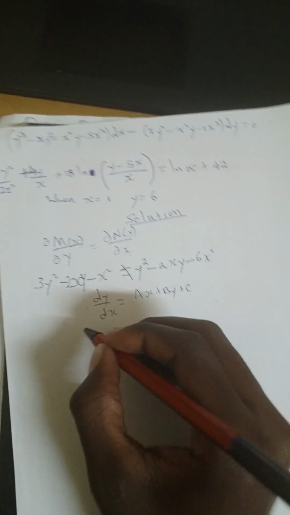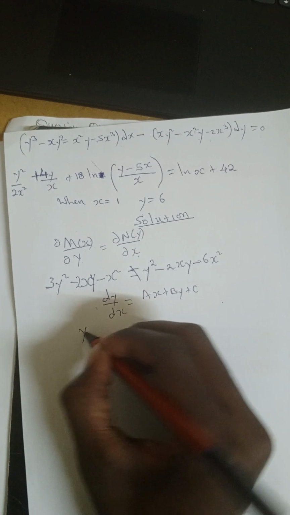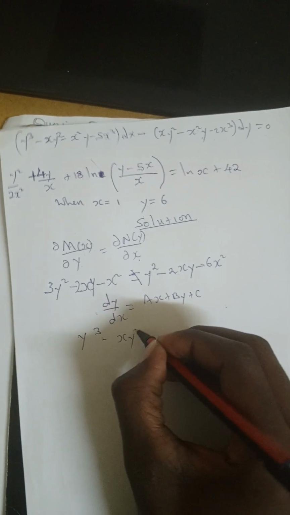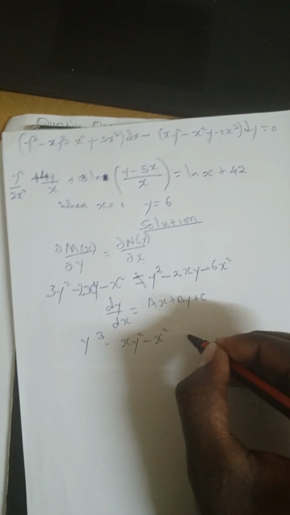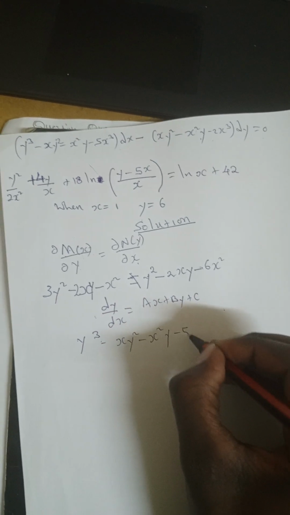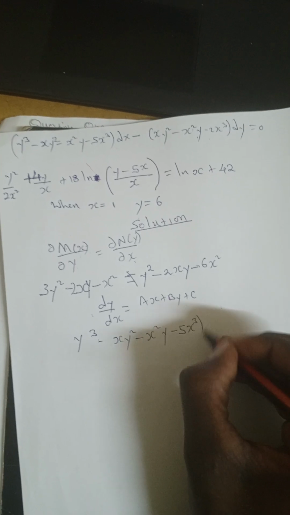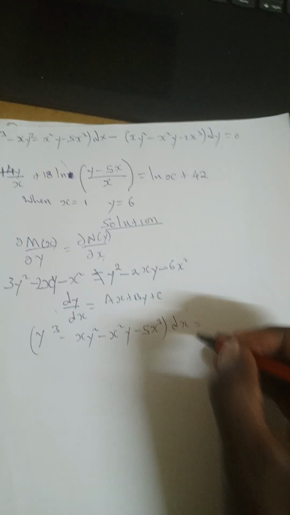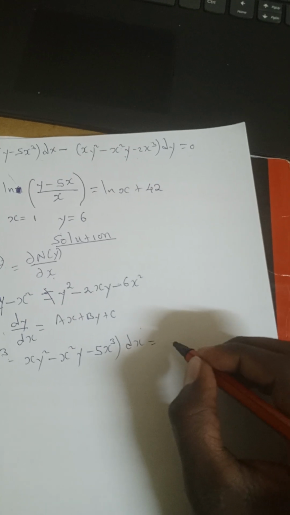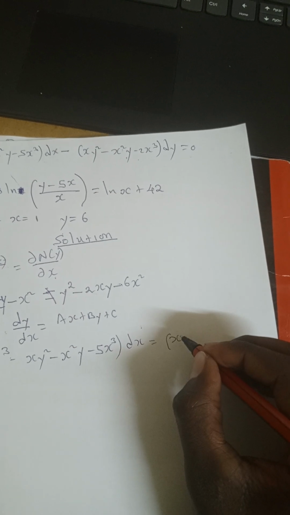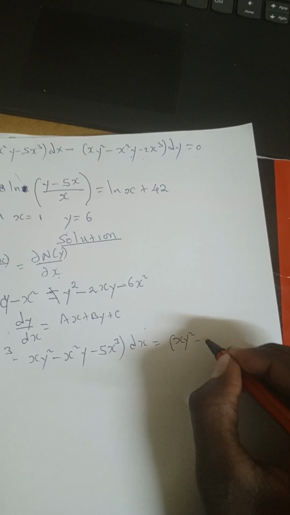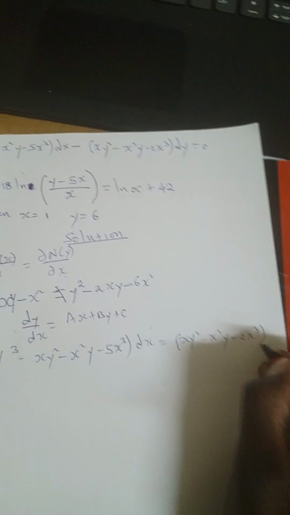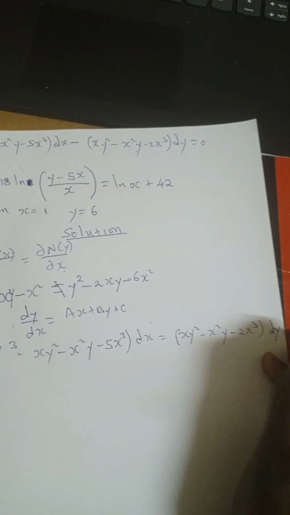So in our second step, what we are going to get is y cubed, x y squared minus x squared y minus 5x to the power 3 dx, all of this will be equal to, open bracket, x y squared minus x squared minus y minus 2x cubed dy.